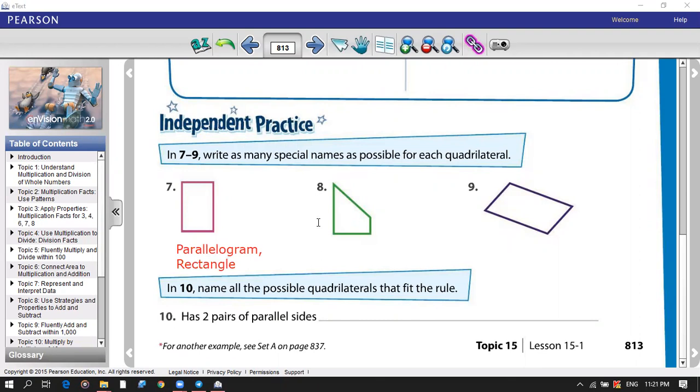This shape here has only one pair of parallel sides. Only these two sides are parallel. So it will be a trapezoid. Question 9. This shape has two pairs of parallel sides. So it will be a parallelogram.